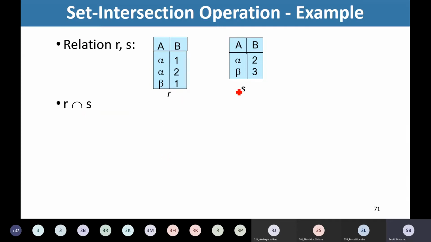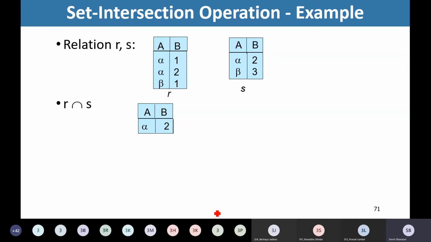If R and S are given as shown, what is R intersection S? It will give us the set of tuples such that tuple T belongs to R and also belongs to S. So we need to pick the common tuples in both the relations, right? So this will provide us the answer as alpha 2.